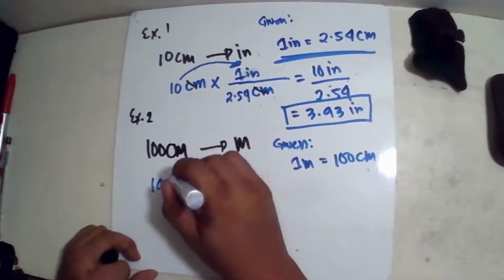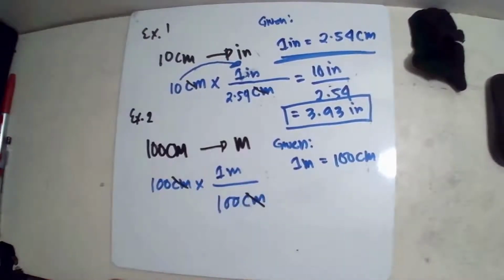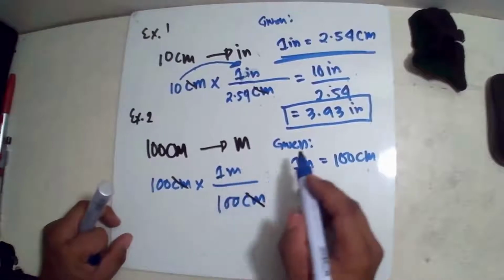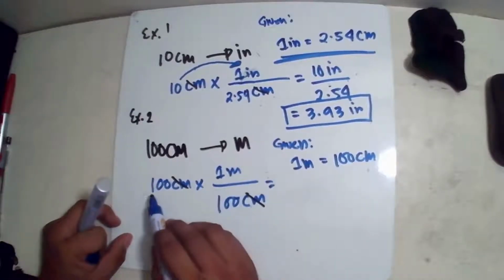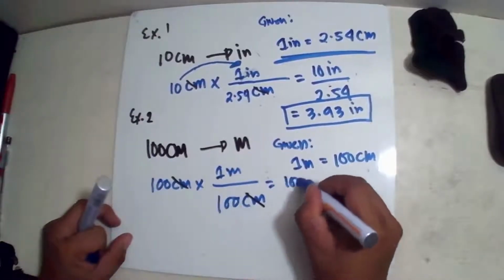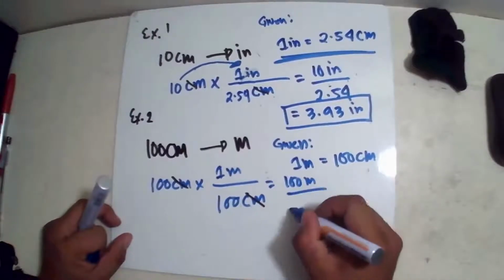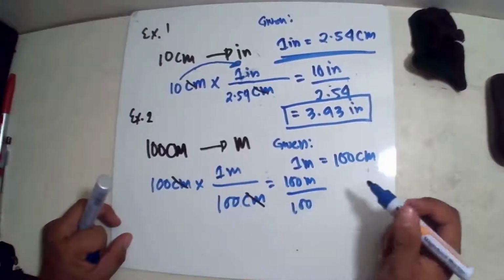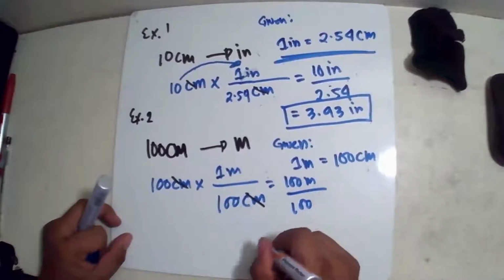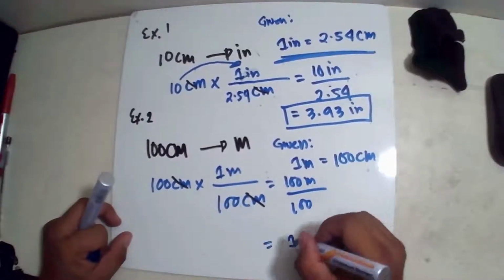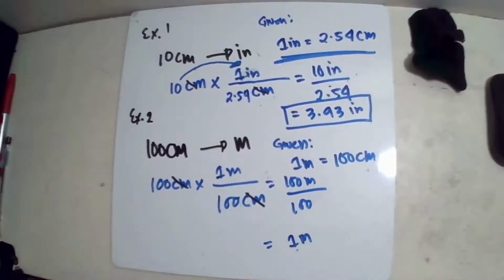Centimeter to centimeter will be cancelled out. The remaining unit is meter, so this becomes 100 times 1 is 100 meters divided by 100. So 100 divided by 100 results in 1 meter. The answer for example number 2 is 1 meter.